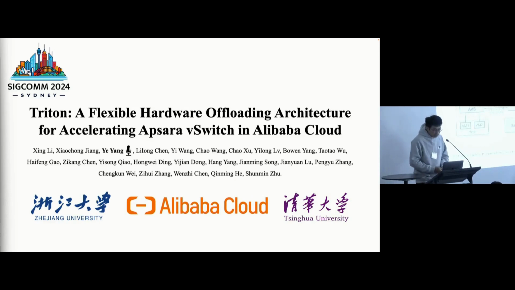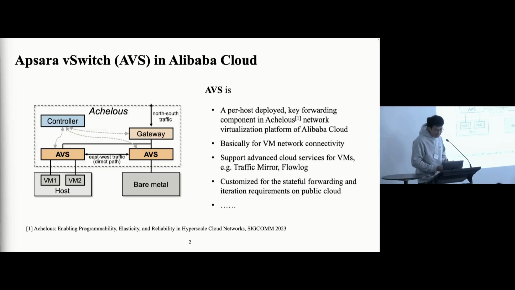So the first question is, what is Apsara vSwitch? Let me call it AVS for short. AVS is a key component in the Oculus network virtualization platform that we presented at SIGCOMM last year. Look at the picture on the left. In Oculus, AVS is a per-host deployed switching node, and it's mainly engaged in packet forwarding for computing instances like VMs and bare metals.